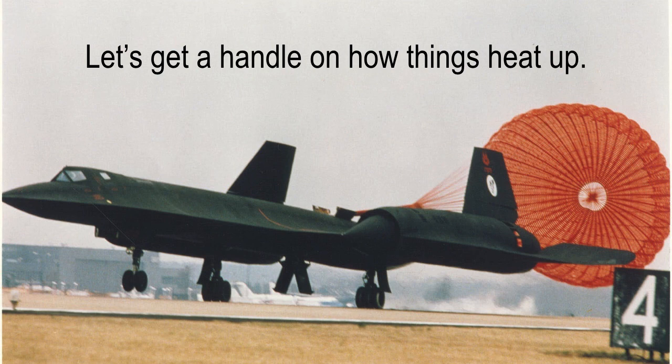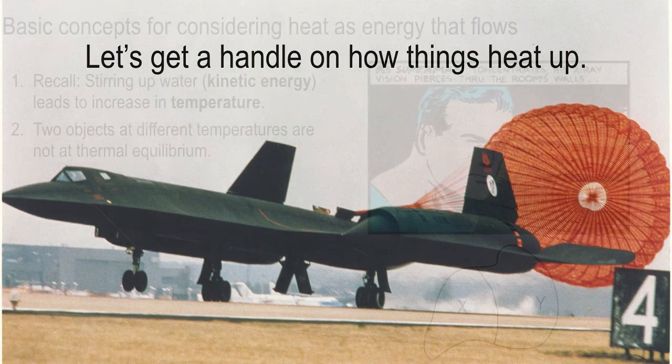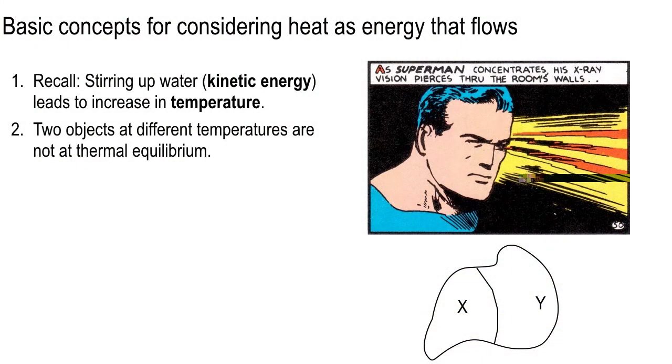Now, last few minutes, I want to go through, and we're going to look at the kinetic theory again and think in terms of kinetic energy and how heat, and this is going to be conduction. This is going to be a model of conduction. Two objects at different temperatures, what we say is they're not in thermal equilibrium.